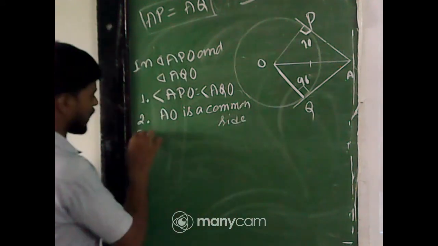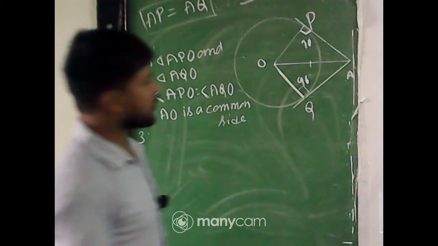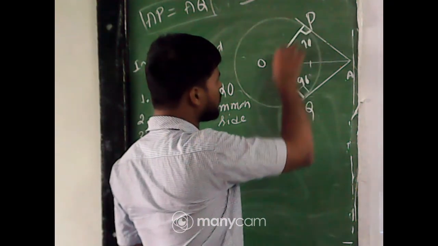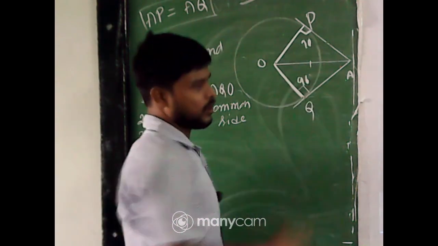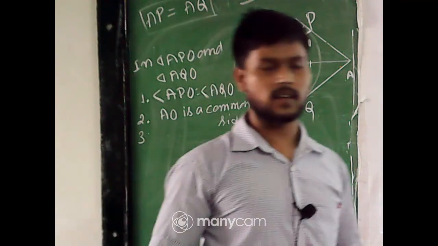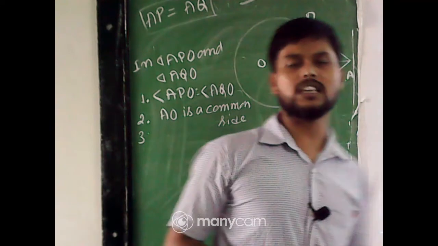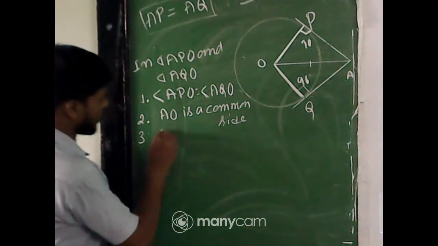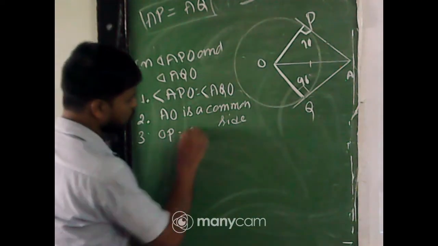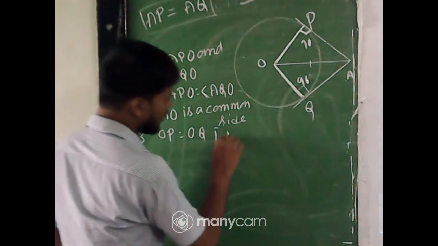Okay, and the third condition is, what is OP and what is OQ? Both are the radius of the circle, and we know that the radii of the same circle are all equal. So we can write OP equal to OQ because they are the radius of the circle.